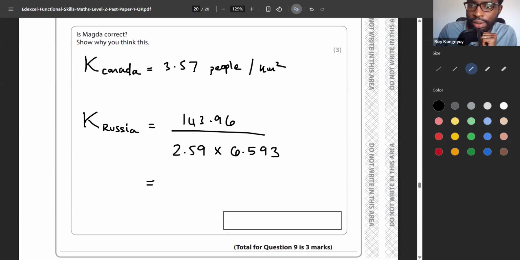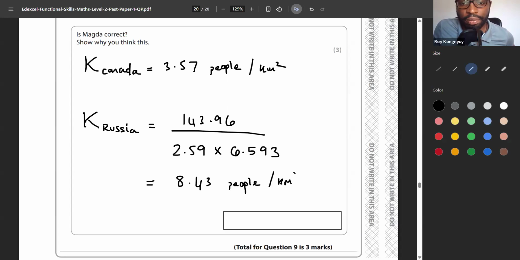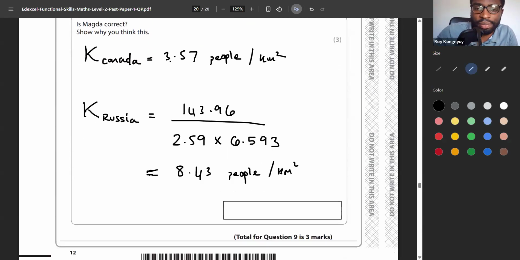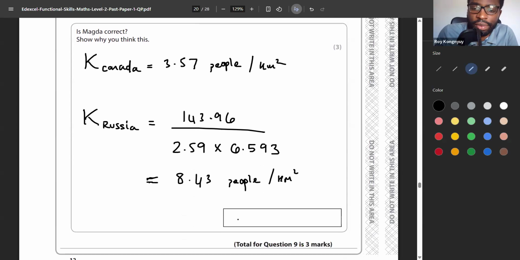Let me do that again. There we go. 8.43, to two decimal places. 8.43 people per kilometer squared. So, Magda is in fact correct. Russia has a greater population density. She is correct. Pretty simple.